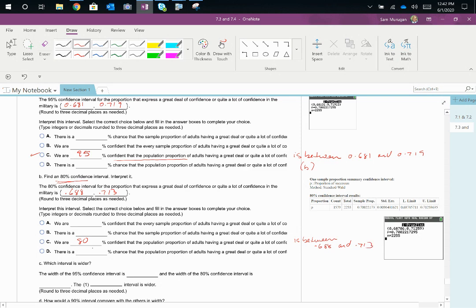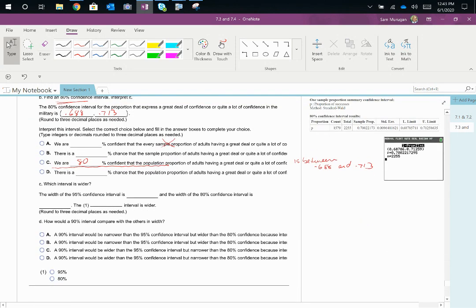Just notice the wording, 80% confident, okay? And it's not a sample, it's a population. Same here, not a sample, always on the population.